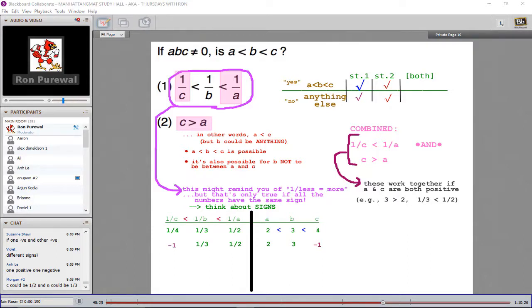Sure they do. If that's not clear, just throw it into numbers. Like, for example, -2 is greater than -3, and -1/2 is less than -1/3 because it's more negative. So, smiley face if that makes sense.